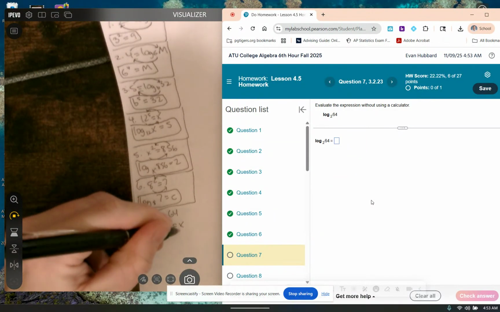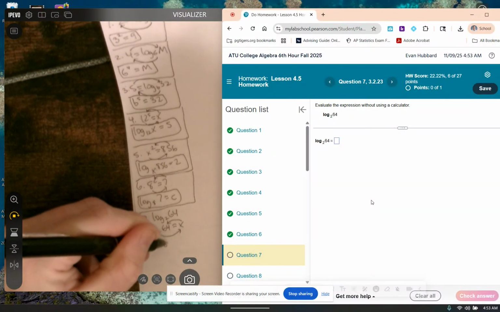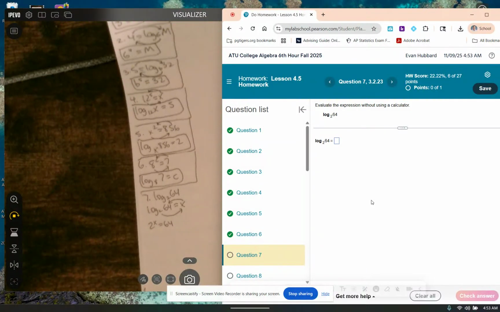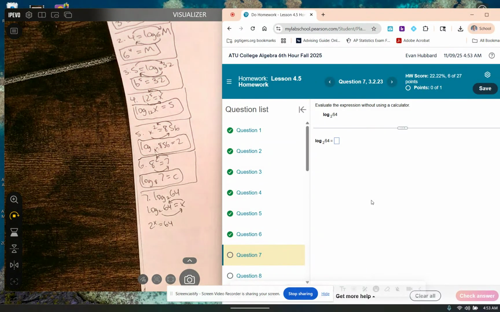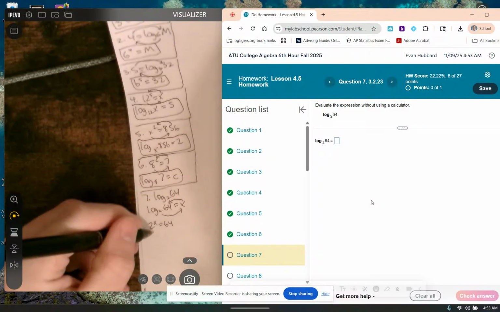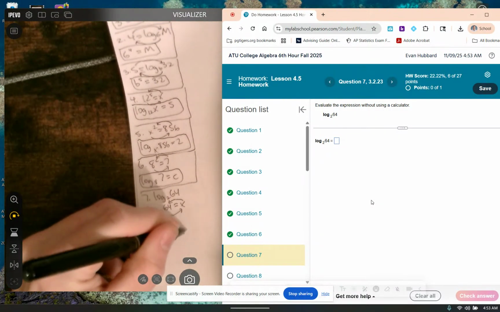So 2 to the power of x equals 64. And so 2 to what power gives you 64. You could type that in your calculator to be 2 to the 6th. So 2 to the 6th equals 64. So x equals 6.